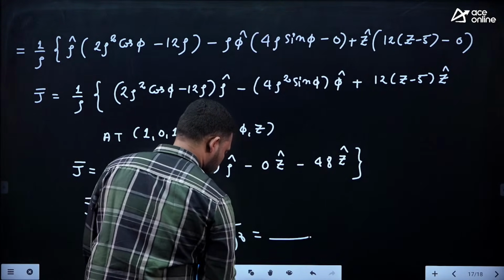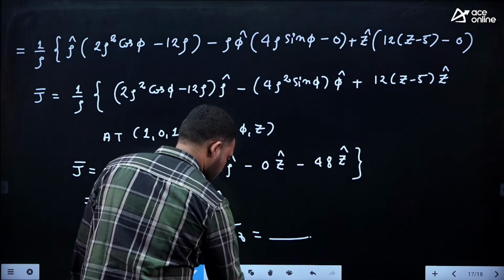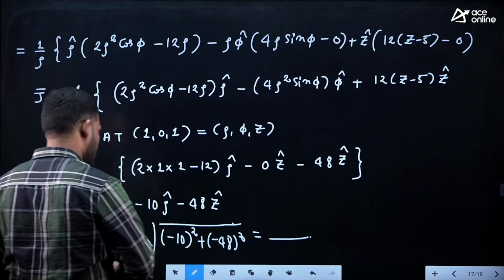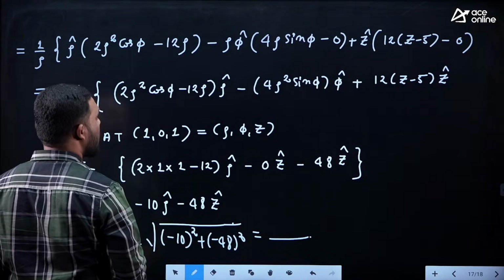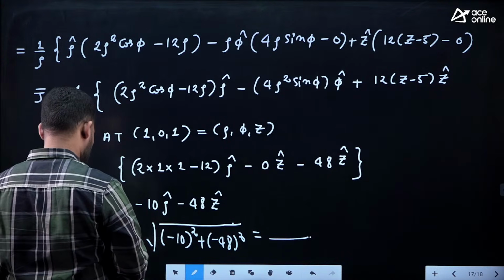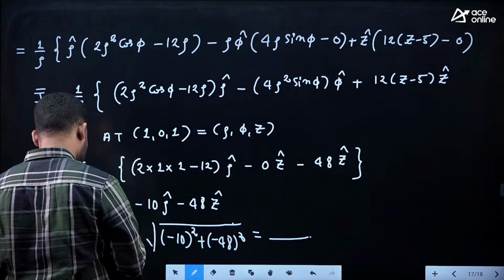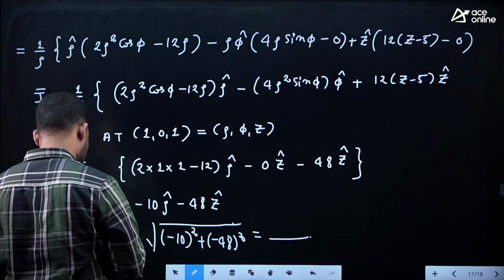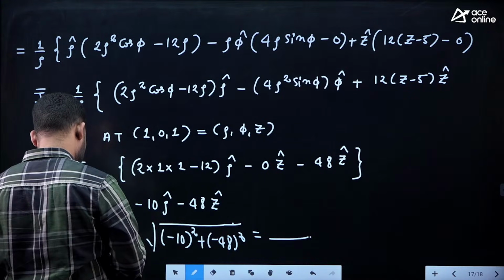So just go through this algebra. My calculator is showing its value. Let me check out the value here. So it is 100 plus 48 into 48.